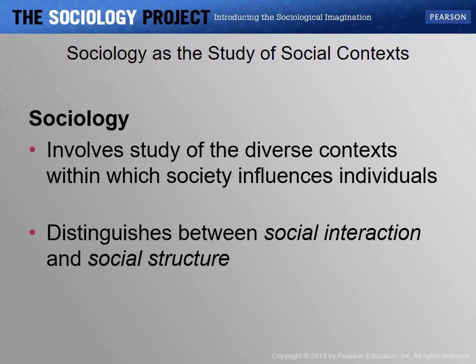And sociology is the study of how social groups influence individuals. Those overlaps are important. The overlap of sociology and psychology is called social psychology. The overlap of sociology and anthropology is called cultural anthropology.